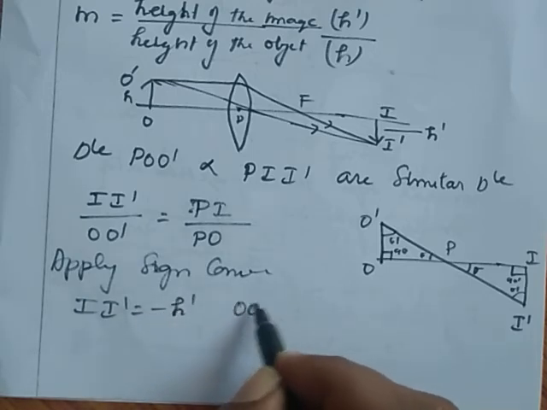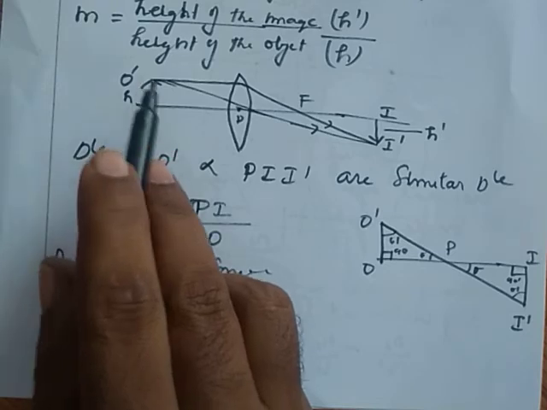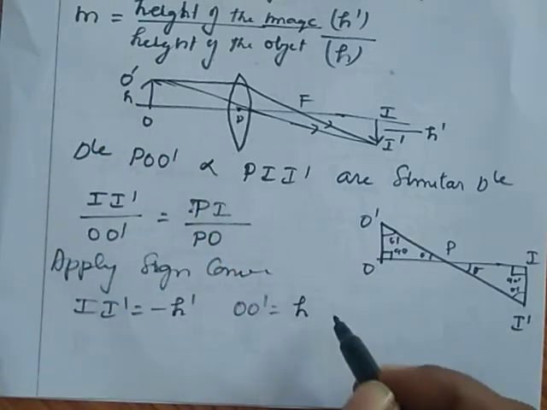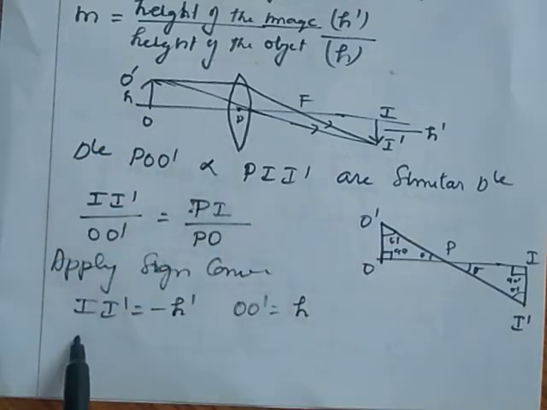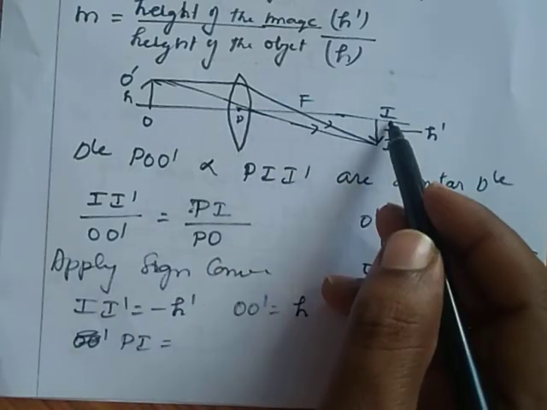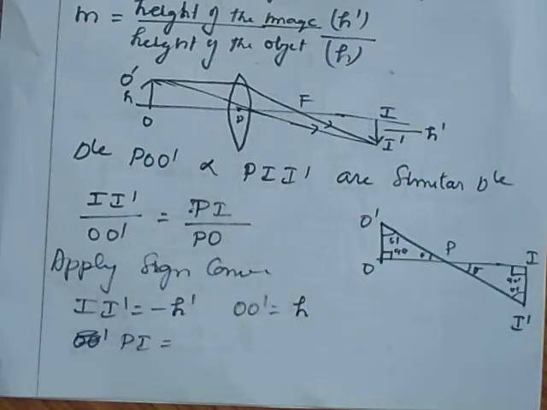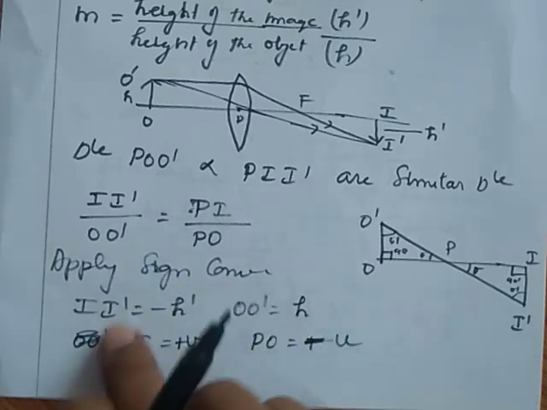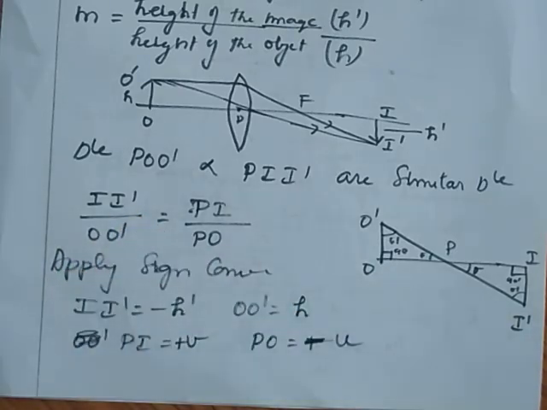Then O dash is on the positive y axis, so we can write h. Next, PI is the image distance, which is on the right side of the lens, so we consider that as V, that is plus V. Then PO is on the left side, the object distance, that is minus U.